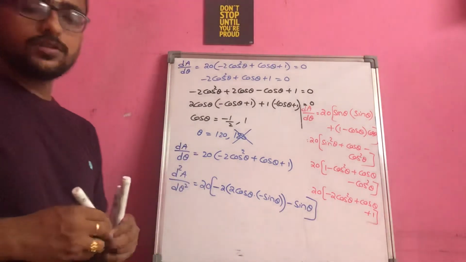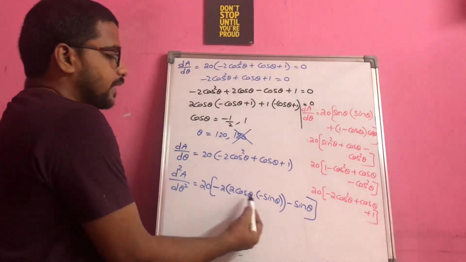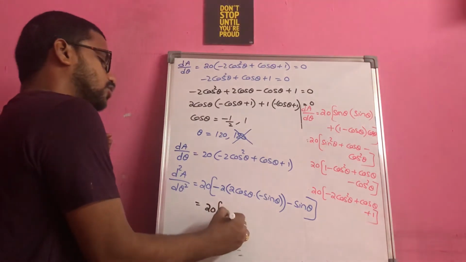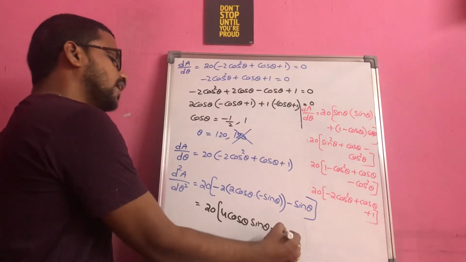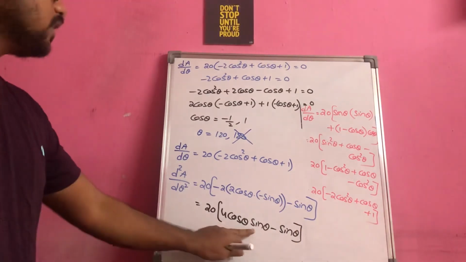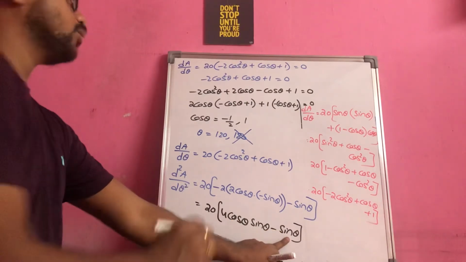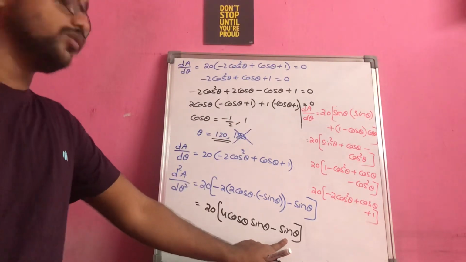Now on further simplification, minus into minus becomes plus, so 20 times 4 cos theta sin theta, and then minus sin theta we are having. Now you see, theta is 120, which means that it belongs to Q2.